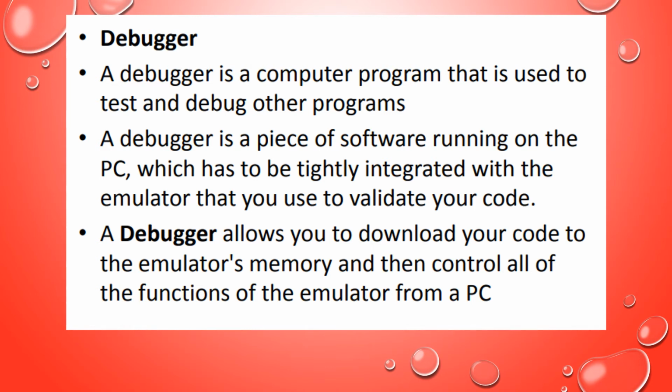A debugger is a piece of software running on the PC which has to be tightly integrated with the emulator that you use to validate your code. A debugger allows you to download your code to the emulator's memory and then control all of the functions of the emulator from the PC.